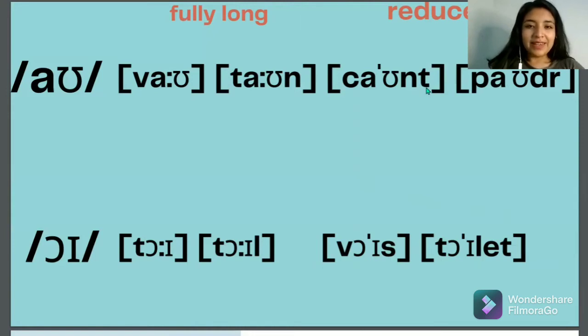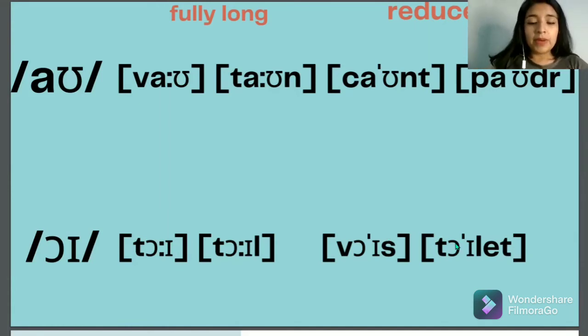For the following example, the diphthong OI, this diphthong is wide and front closing. For the fully long case, we have toy and toil. And the reduced case is voice and toilet.